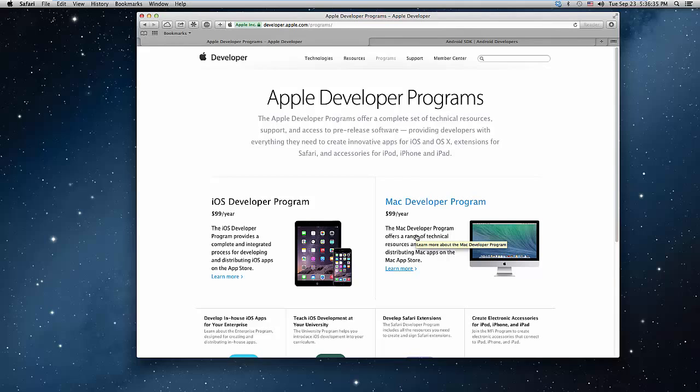Everybody knows that coding's hard, but what are the financial situations and the hurdles one has over the other? Because, like you see here, $99 a year is not cheap, and I'll get more into this in a second.